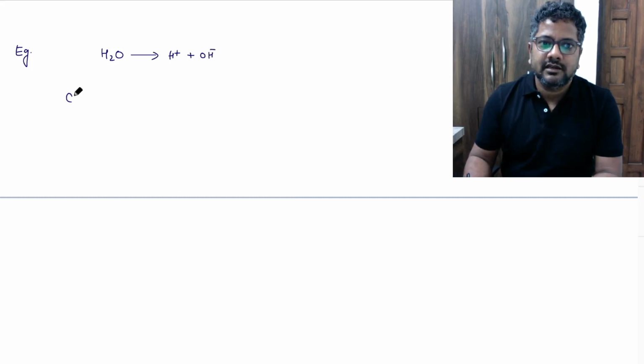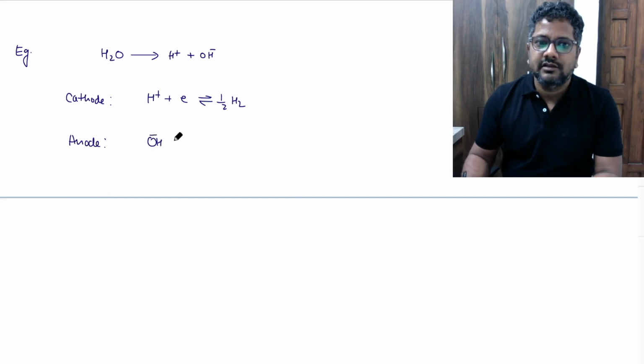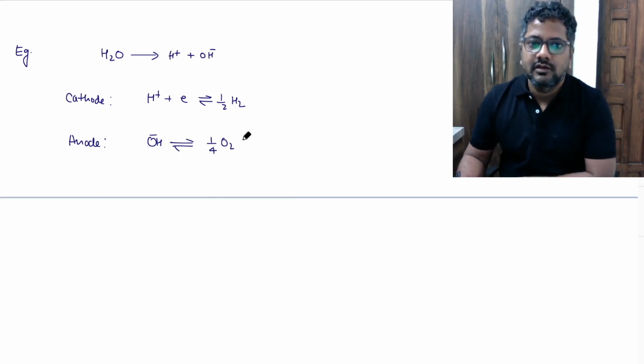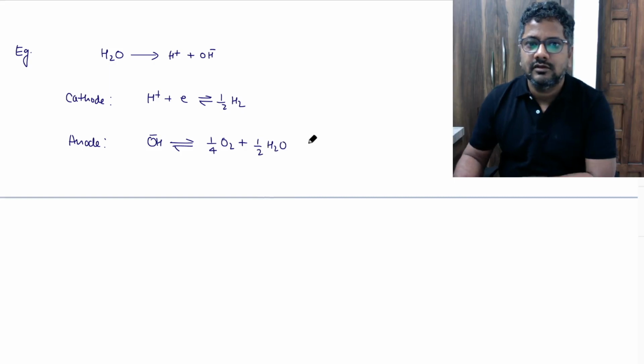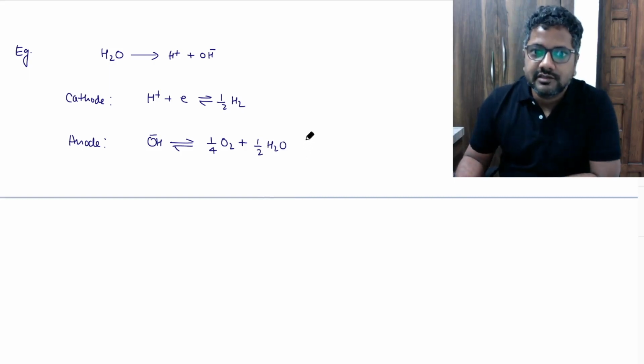The cathode reaction is H plus plus electron gives half H2, and the anode reaction is OH minus gives 1/4 O2 plus half H2O plus electron.